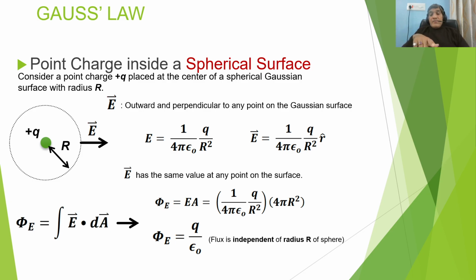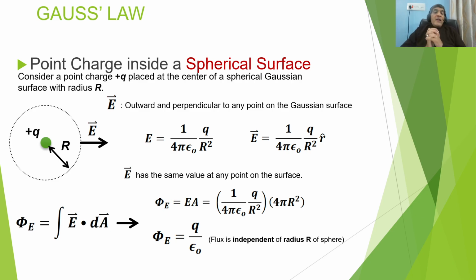But the electric field does depend upon the radius of the Gaussian surface, because we have the formula electric field E equal to Q upon 4 pi epsilon naught R square. After calculating the integration, we have a radius term. So the electric field generated by that charge, which we find by Gauss's law, does depend upon the radius of the Gaussian surface.